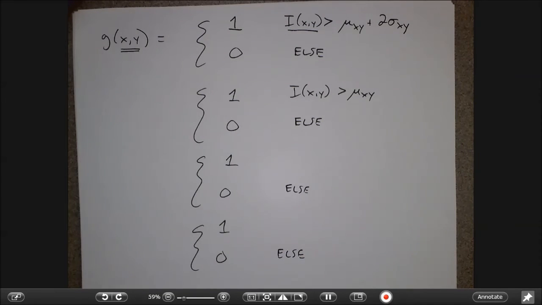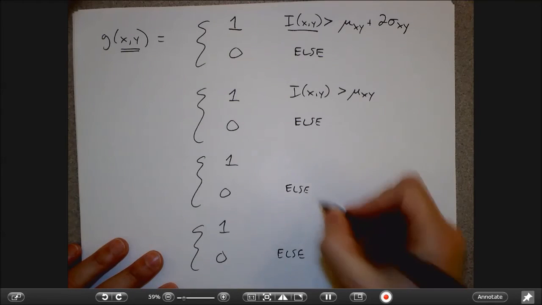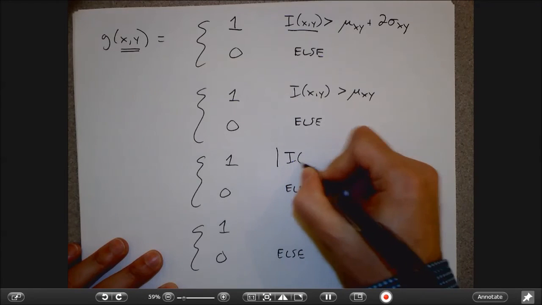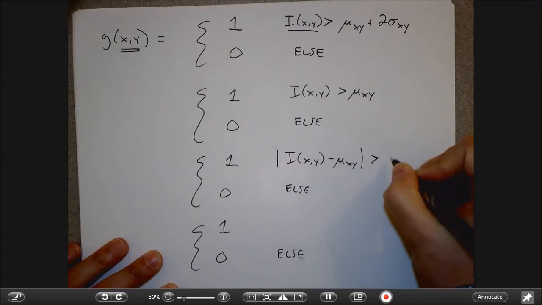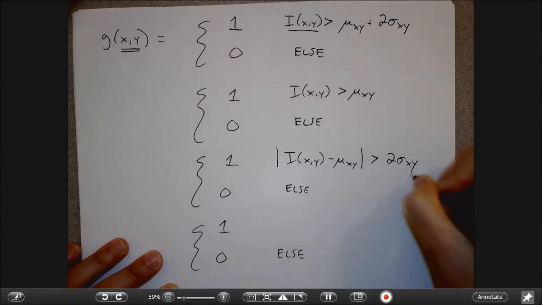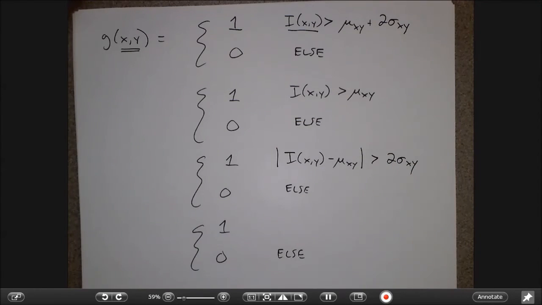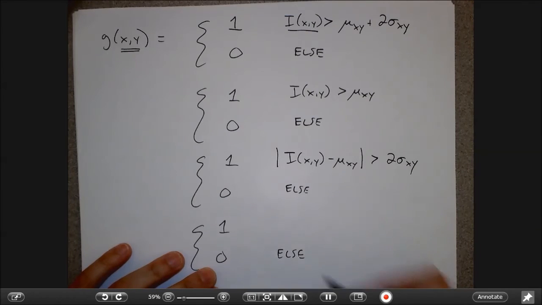Instead of having to be super bright compared to the mean, I have to be just greater than the mean. Or I could say that I want to be different than the mean by at least 2 standard deviations, right? So instead of having to be brighter or darker, I just have to be different than the mean, right? I have to be an outlier.